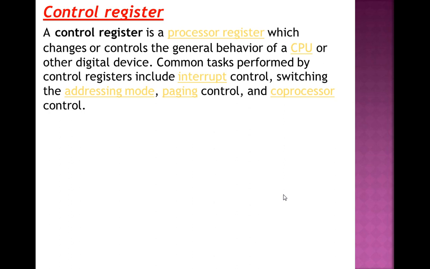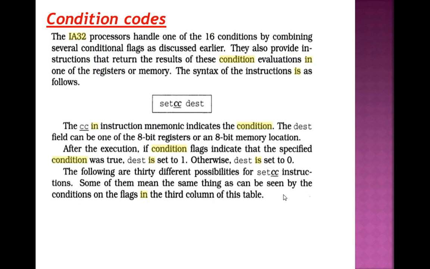So a control register helps in accessing the data, controlling the data, switching the addressing mode, paging control and coprocessor control. A control register stores all the controls or behaviors of a CPU so that controlling can be done in an easy way.